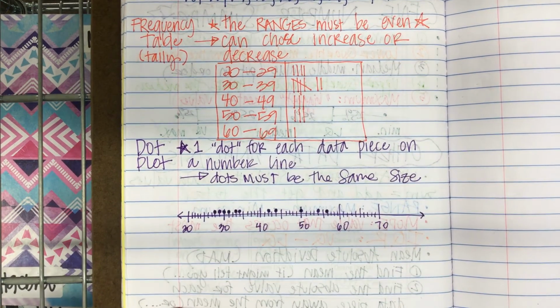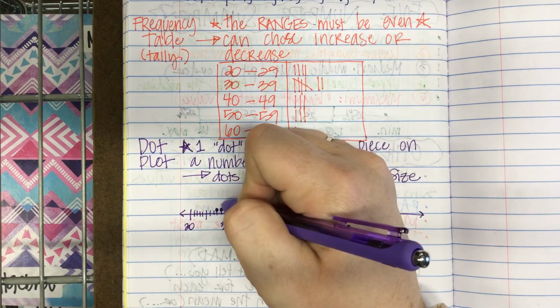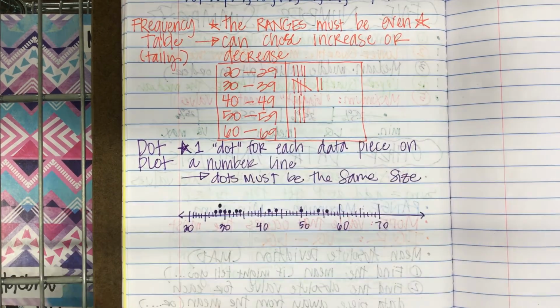What happens when I have the same number, but there's already a dot there? You put it above, it's stacked.